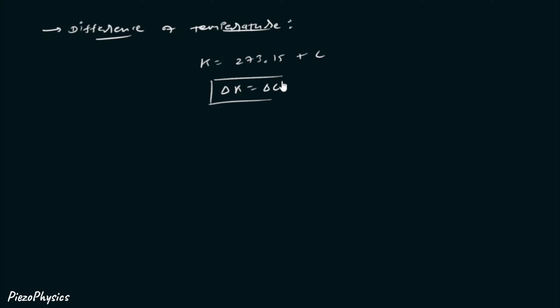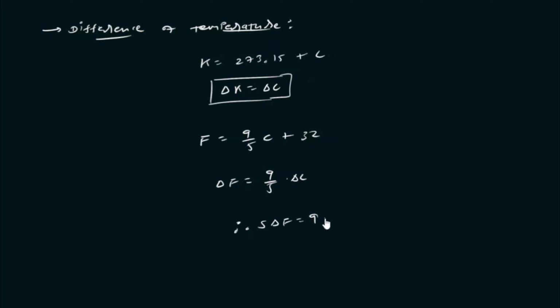Therefore, the change in Kelvin equals the change in the Celsius scale. Now, on the Fahrenheit scale, we have F equals 9 by 5 C plus 32. Therefore, if we take delta on both sides, delta F equals 9 by 5 times delta C. Therefore, 5 delta F equals 9 delta C. That gives us the difference on the Fahrenheit scale and on the Celsius scale.